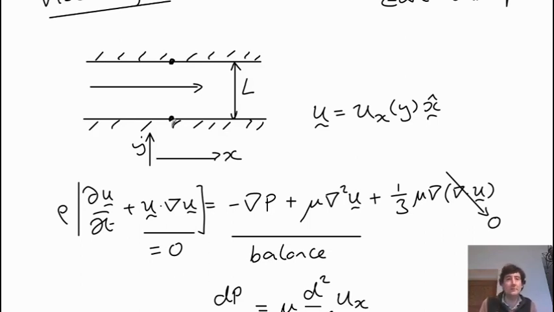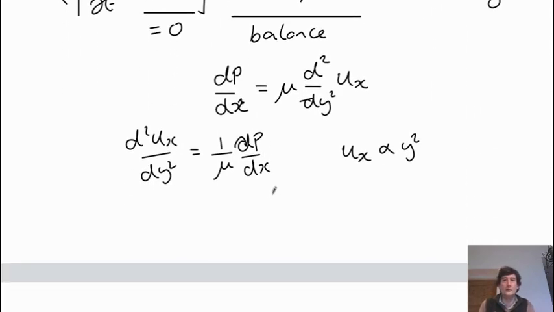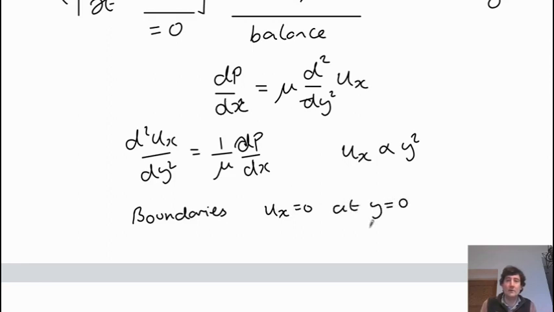So at the wall itself, we have no slip conditions, and here ux equals 0, and the same at the bottom here, so ux is equal to 0 on both these boundaries. So ux is 0 at y equals 0 and y equals L. And this is the no slip condition.